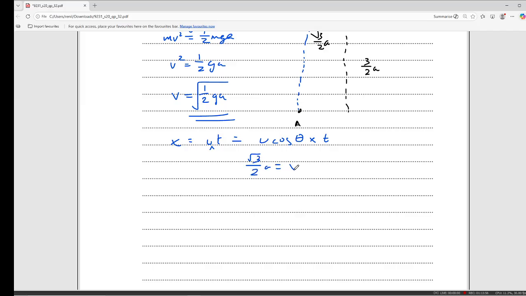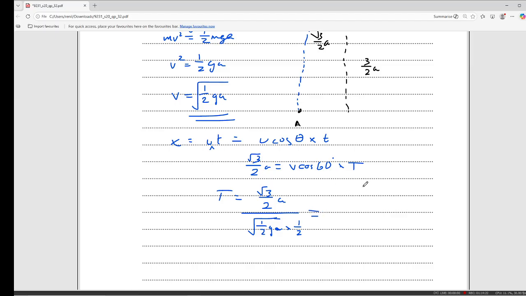That's equal to v cos 60 degrees times the total time taken, t. So t equals root 3 by 2a divided by root 1 by 2 ga times 1 by 2.